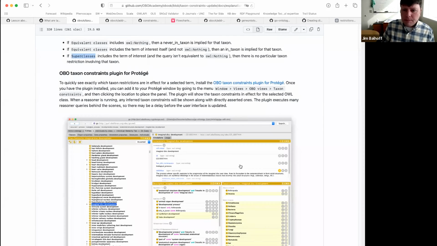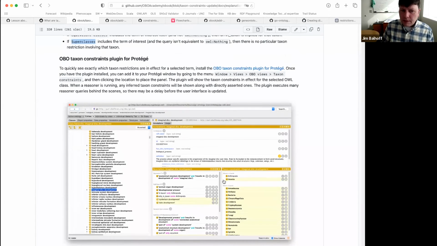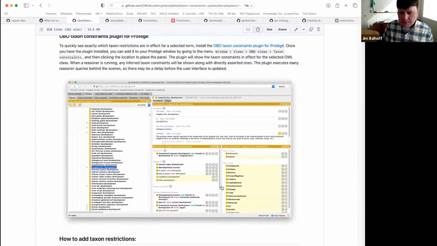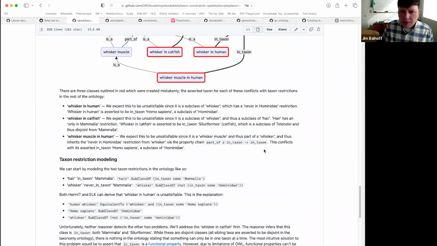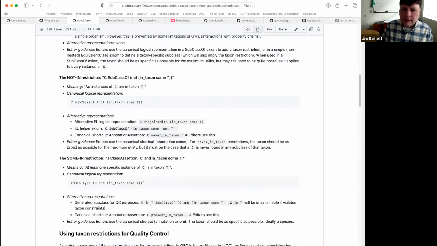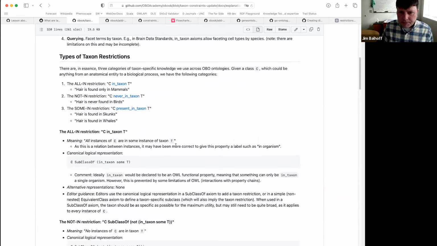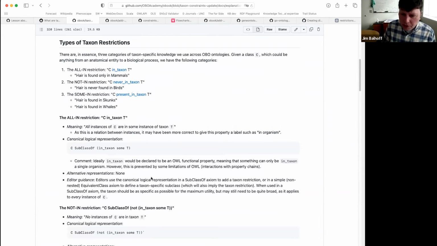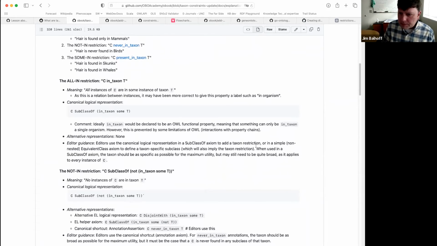All right, and then there's a link here to adding taxon restrictions in Protege in a different document. But I remember there's one more thing I forgot to mention, up here in this types of taxon restrictions statement. There's a little note for each one. For always in restrictions, if you're adding an always in restriction to the ontology, you should make the taxon as specific as possible, but it still needs to be correct.